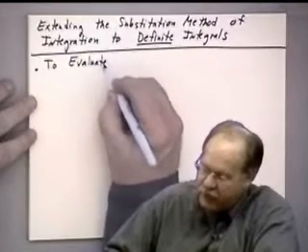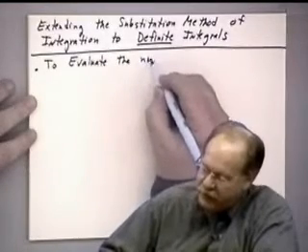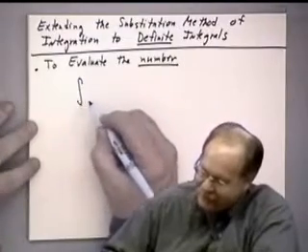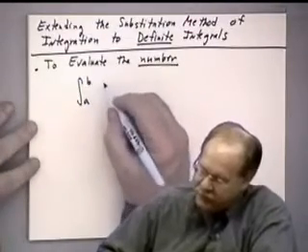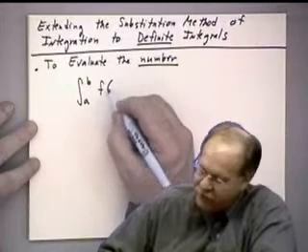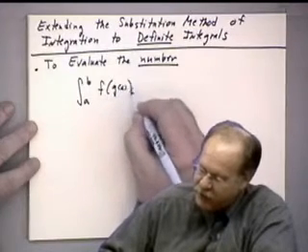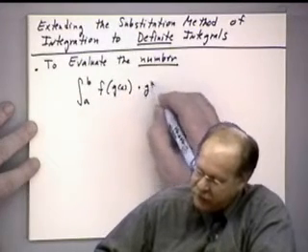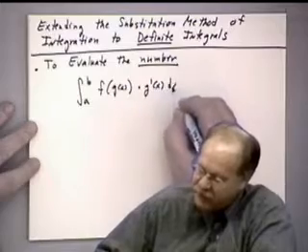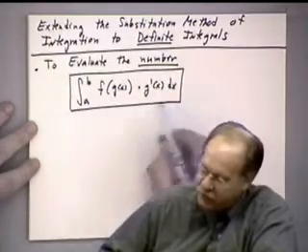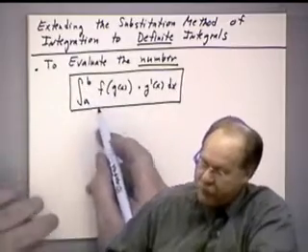To evaluate the following number, which is the definite integral from a to b of f of some other function g of x times that other function's derivative g prime of x dx. So this is the number we want to evaluate. It's a number because it's a definite integral this time.